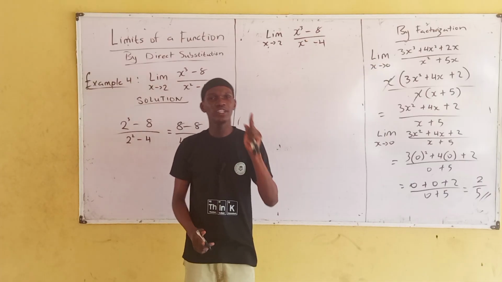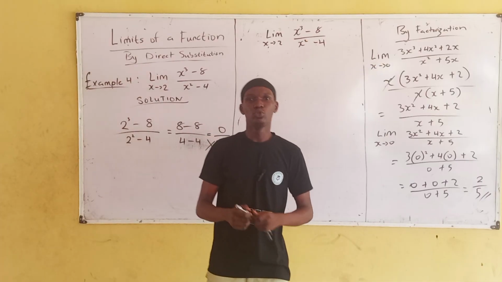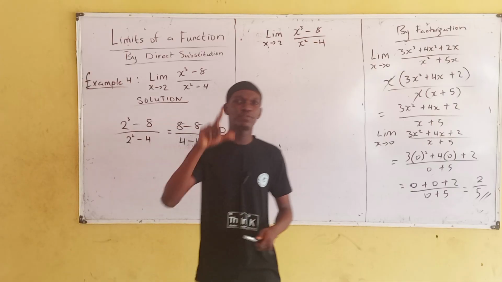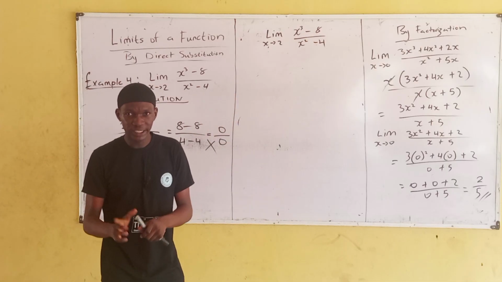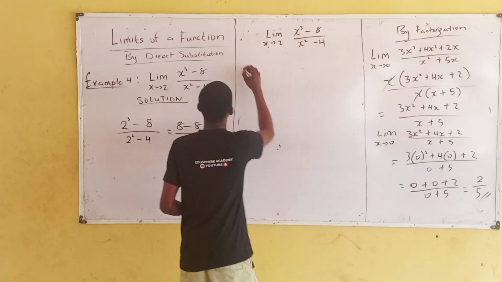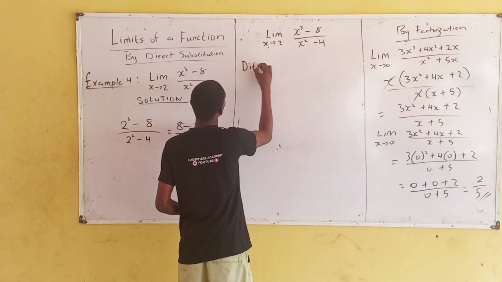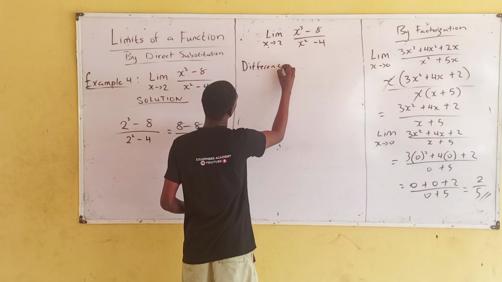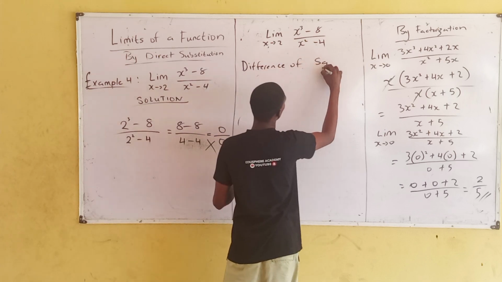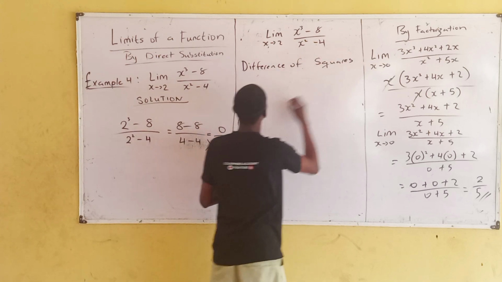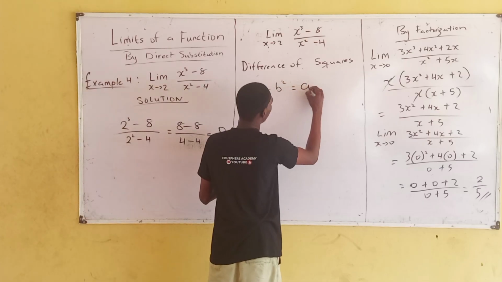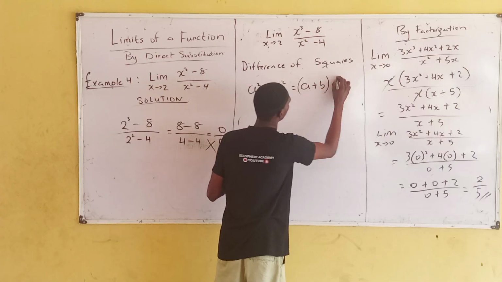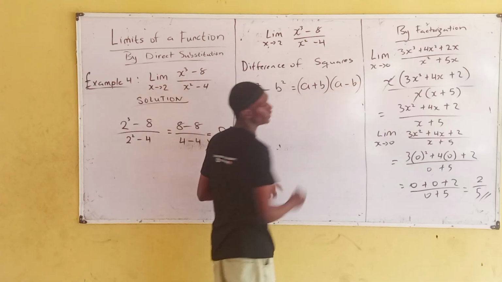So we can use difference of cubes for the numerator, and difference of squares for the denominator. The rule for difference of squares says a squared minus b squared equals (a plus b)(a minus b).